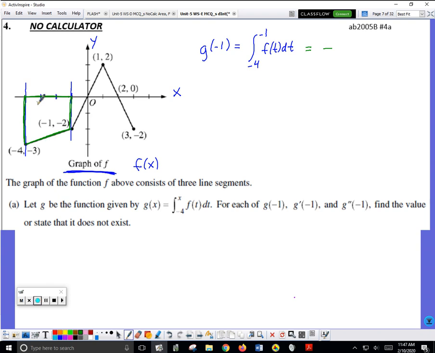The area is not negative, but the integral will be negative because integration is just f times dt, and all the values of f here are negative values. So if you integrate, you're going to get a negative number, but it will correspond perfectly to the area you see here.